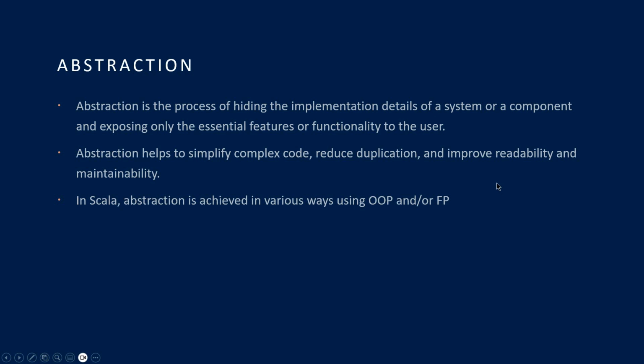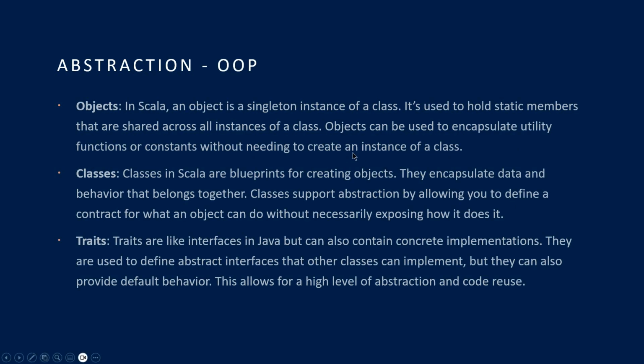So in Scala, we've got abstraction through OOP and FP and other things as well, I'm assuming. I'll get on to some code in a moment, but just again, objects, classes, traits. You get abstraction through using objects, because we're encapsulating your utility functions or constants without needing to create instances of a class.